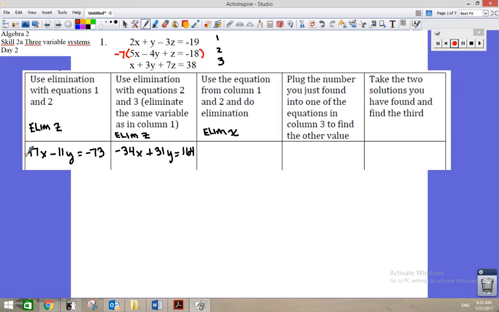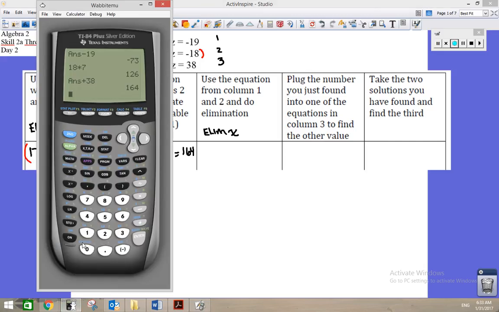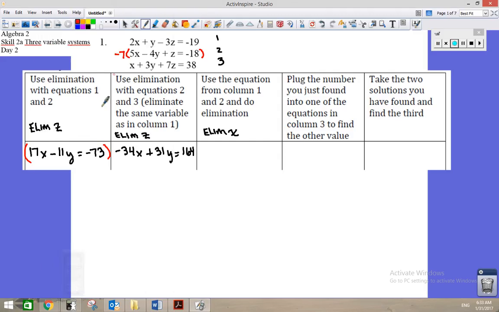We would love over here to have a positive 34. And 17 times 2 is a positive 34. So if I multiply that equation, everybody, by 2, then I can add the second equation here, and the x's will be eliminated. So that's my goal. Let's multiply everybody here by 2.